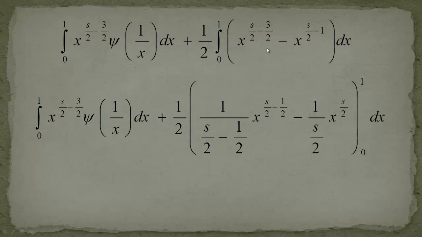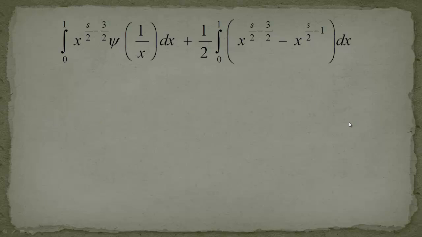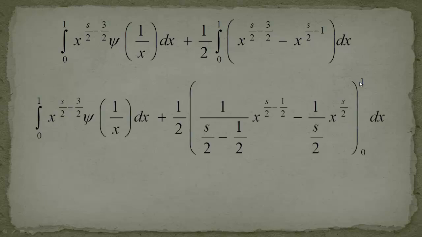So let's go ahead and integrate this. It is pretty easy actually. It's 1 over s over 2 minus 1/2, x to the s over 2 minus 1/2, just simply using the power law for integration. Minus 1 over s/2, x to the s over 2. Sorry. And the boundaries are 0 and 1. If you just plug these guys in, you will get pretty simple expressions.